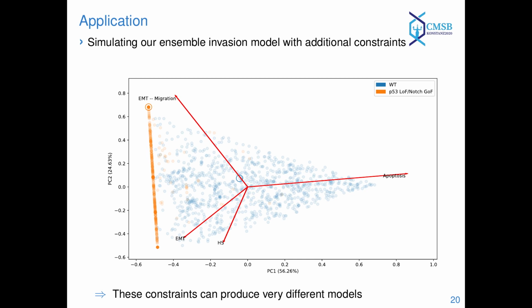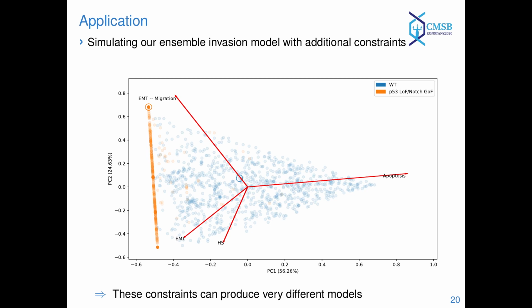And with the blue circle, you can see the position of the original Cohen's model inside this distribution of steady states of models. And you can see that Cohen's model is a very balanced one when we look at the wild type. But then when we look at the double mutation p53 Notch, which is in orange, you can see that the orange circle of Cohen's model is at the top of this orange line.